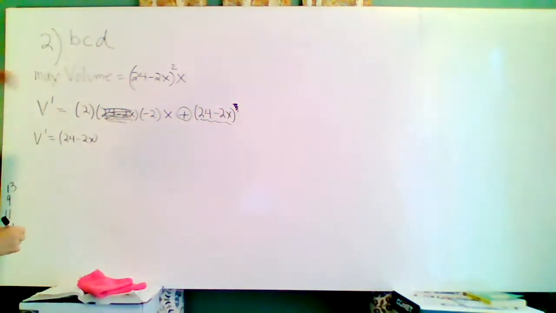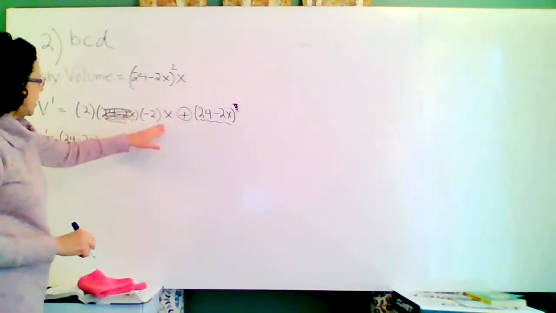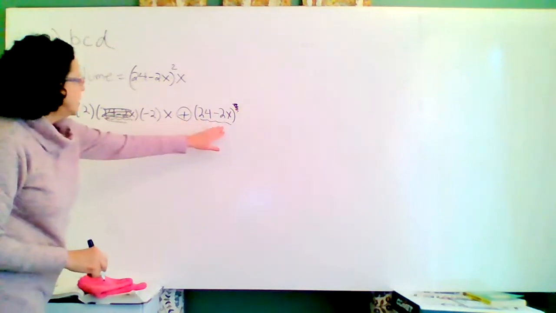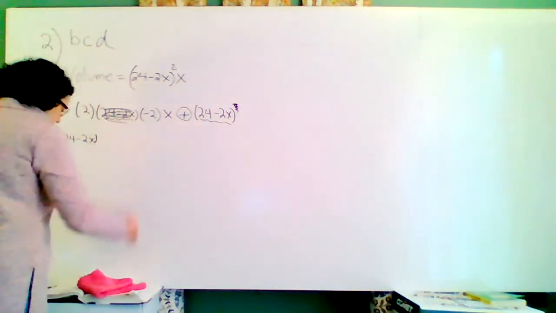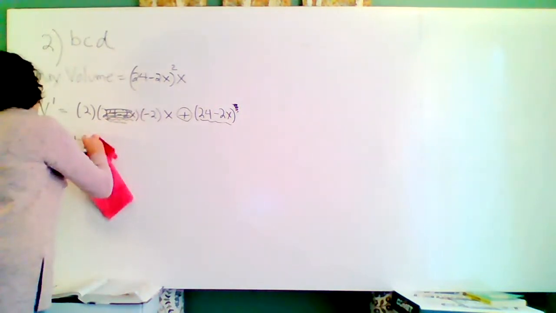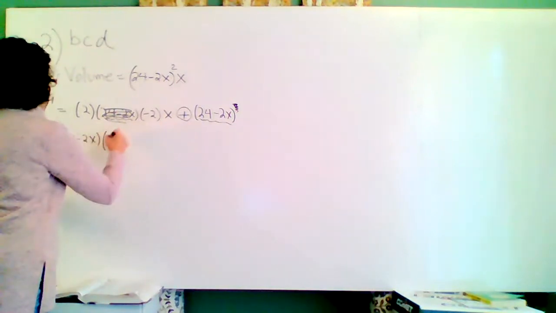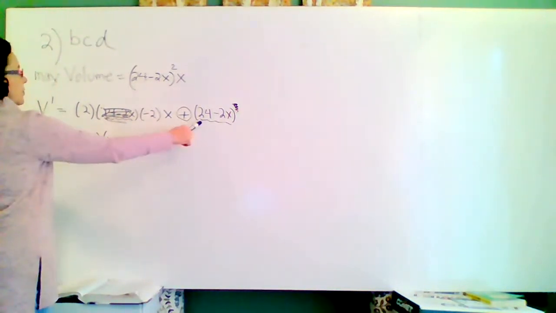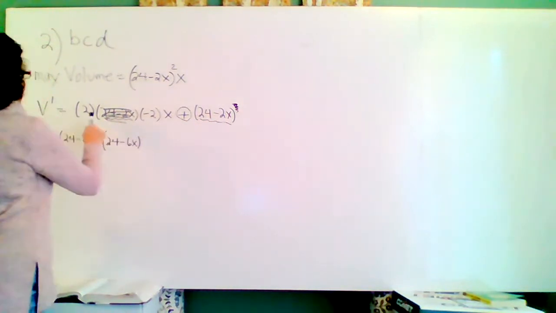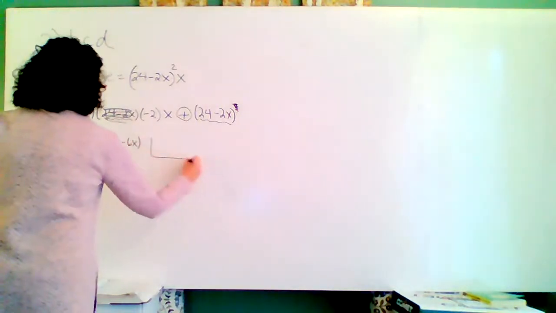So this is 2 times -2, which is a -4x here, minus 2x plus 24. What I have left is 24 minus 6x. Again, 24, and then minus 2x and minus 4x. There we go.